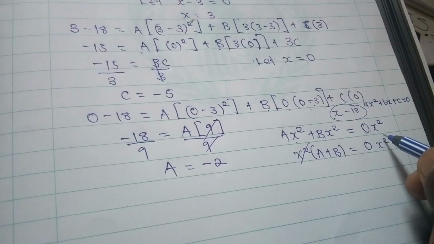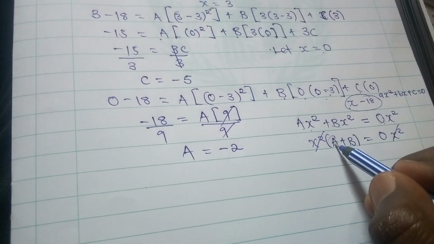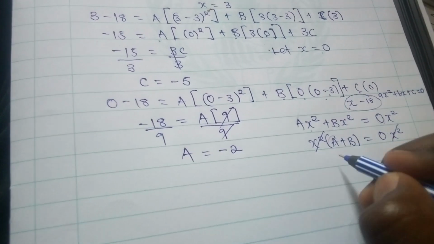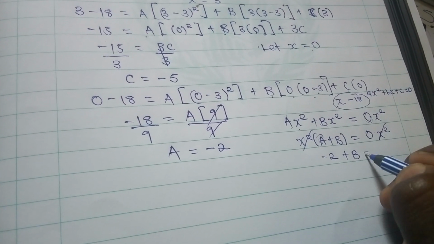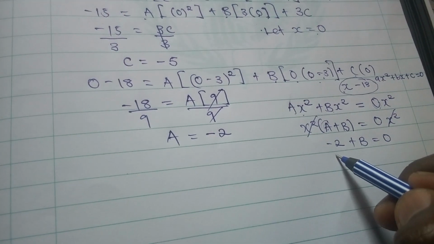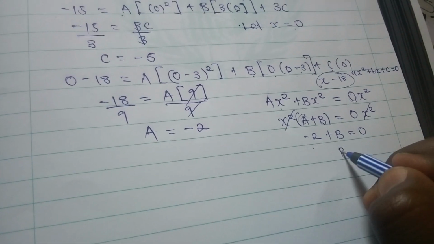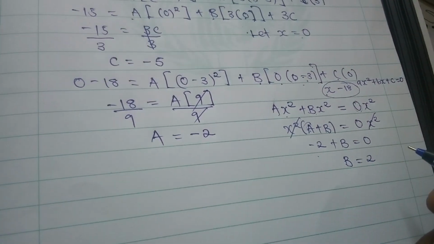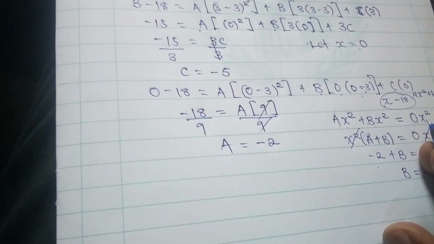So that one goes. You have calculated the value of A to be negative 2, so negative 2 plus B is equal to 0. When you cross negative 2 to the other side, it becomes positive 2. That simply means the value of B is positive 2.